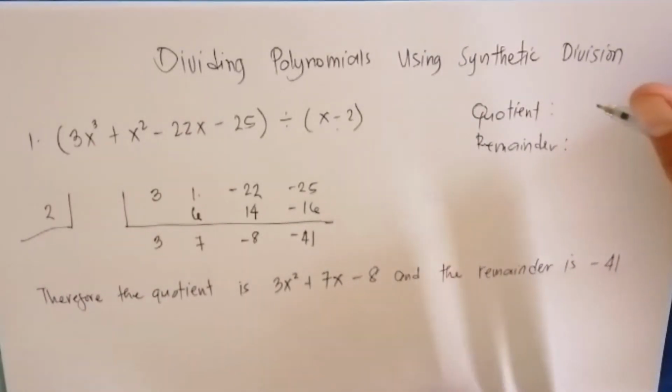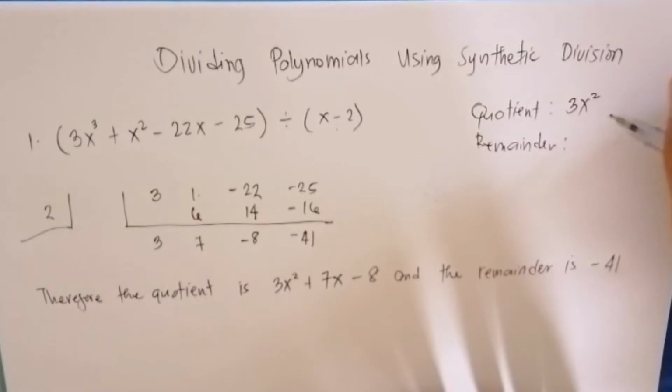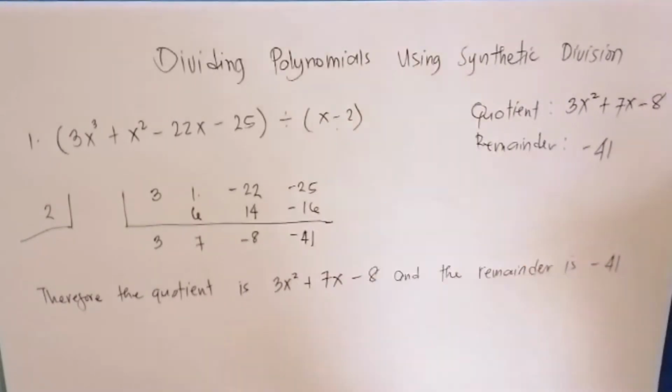So the quotient is 3x squared plus 7x minus 8, and the remainder is negative 41.